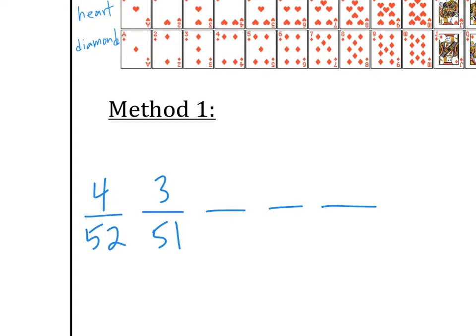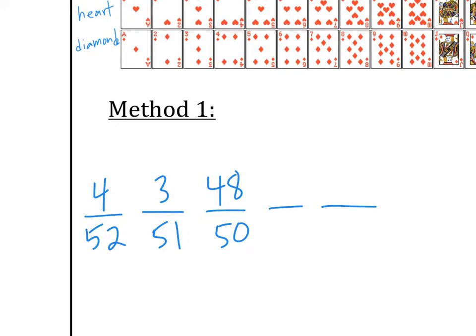What's the probability of me not getting a 7? How many not 7s are there? 48, right? Anything that's not a 7 is what I want. So 52 minus 4, 48. How many cards are there left? 50. Okay, the next 2 cards, I also don't want 7s.